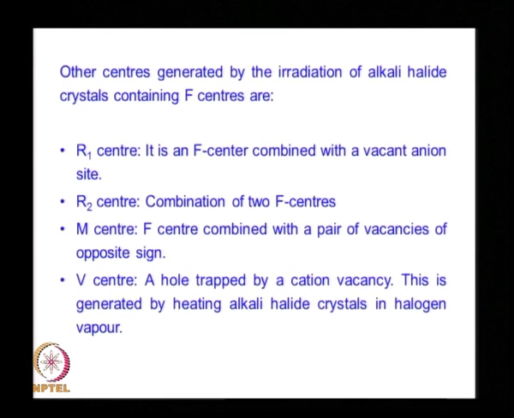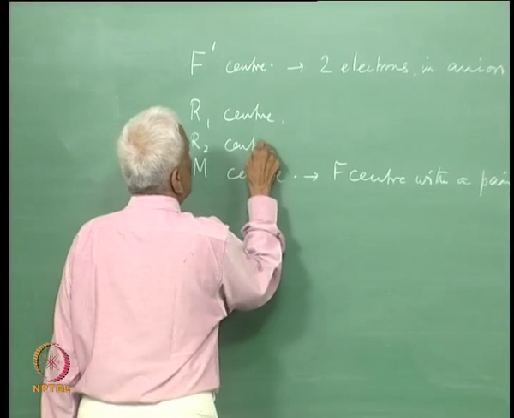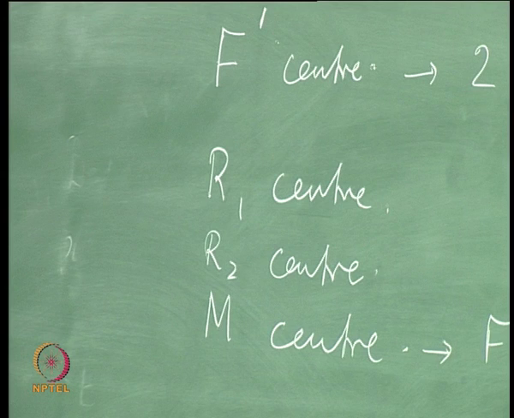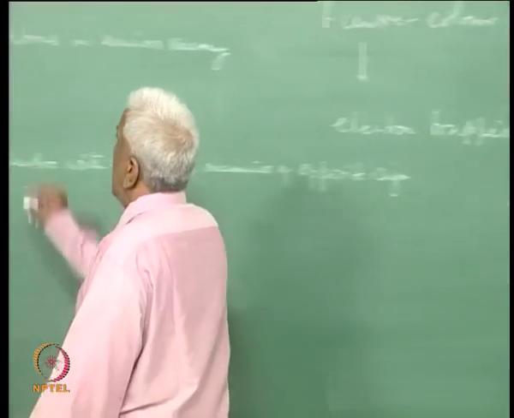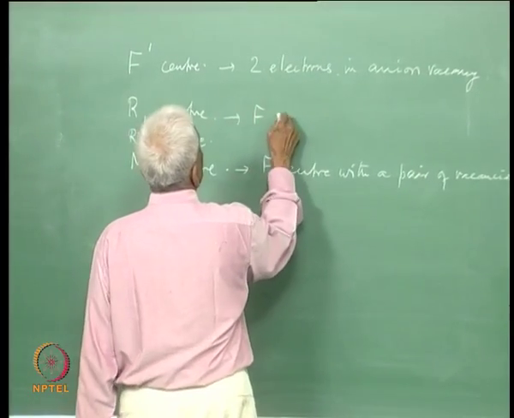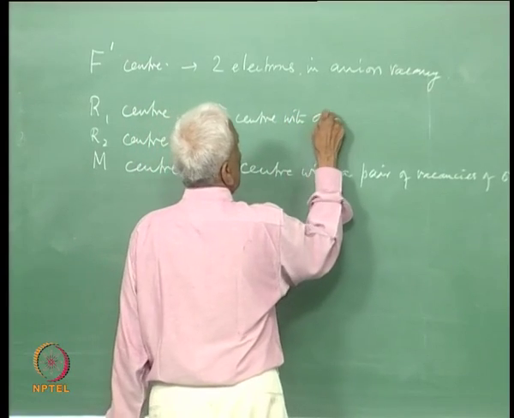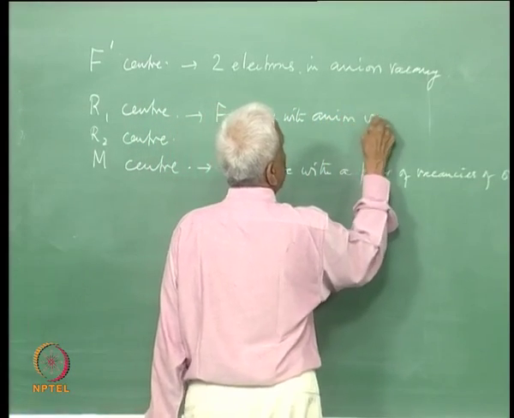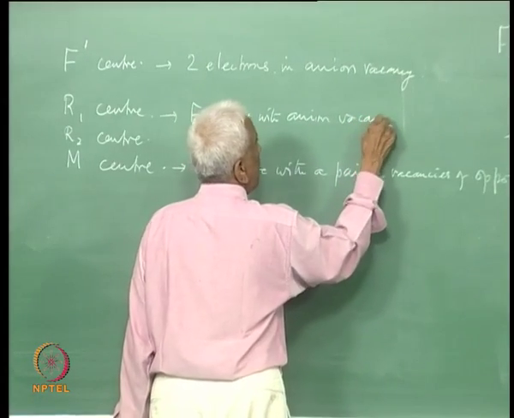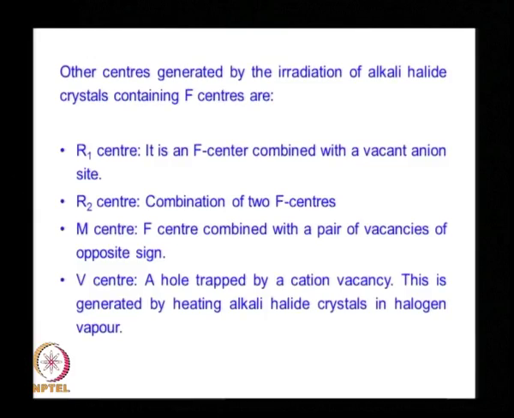Then you have also an R2 center here. These are involving 3. R1 center is an F center combined with an anion vacancy. R2 center is 2 F centers.